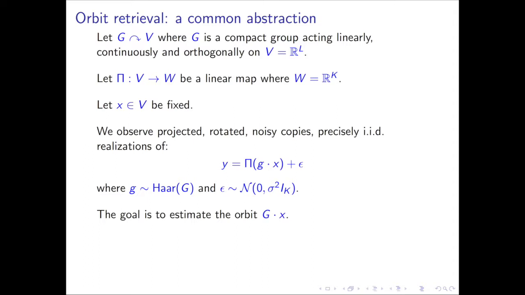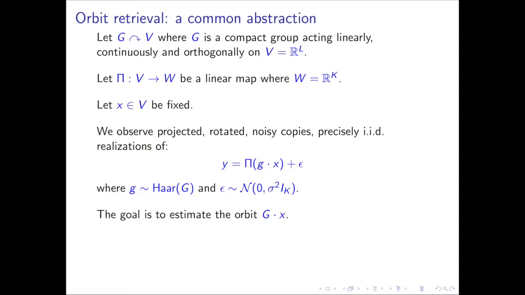So now the task is to try to get back X from many observations. Of course, you can't hope to get X itself back because of a global ambiguity in this problem. The best you could hope for is to get the group orbit that X lies in. So we're trying to estimate the orbit of X. When you say you're trying to estimate the orbit, which form of the output would you accept?